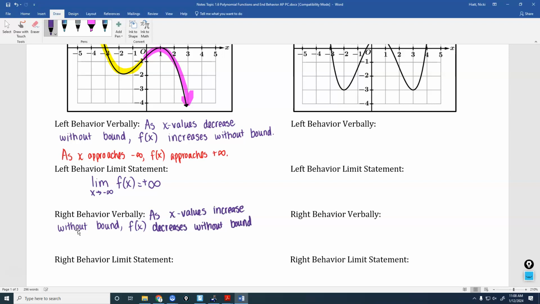And we could also say, I guess I'll do it on this one too, just this one. We would say as x approaches positive infinity, f of x approaches negative infinity.